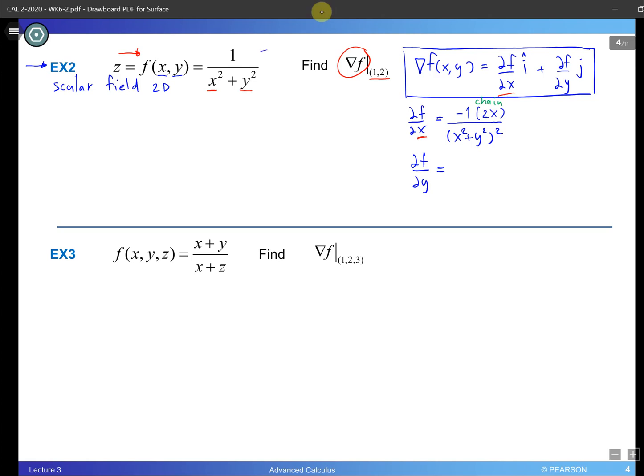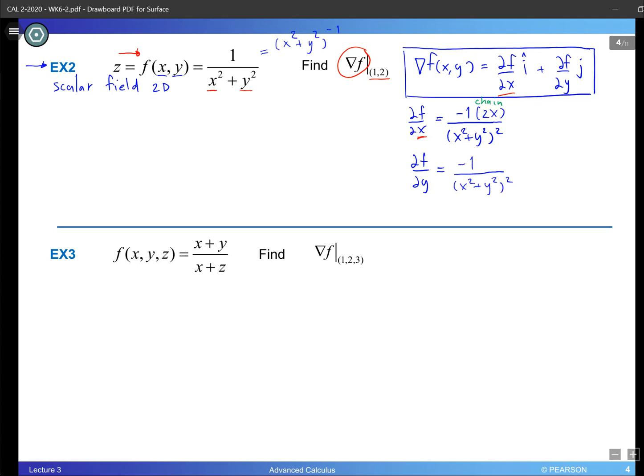Instead of looking at the fraction, I want to look at this as some terms with the power of -1. And I apply the power rule to this one. I diff this, -1 comes down, and then the power of this whole term decreases by 1. It becomes -2, so I can display that with this x squared plus y squared to the power of 2.